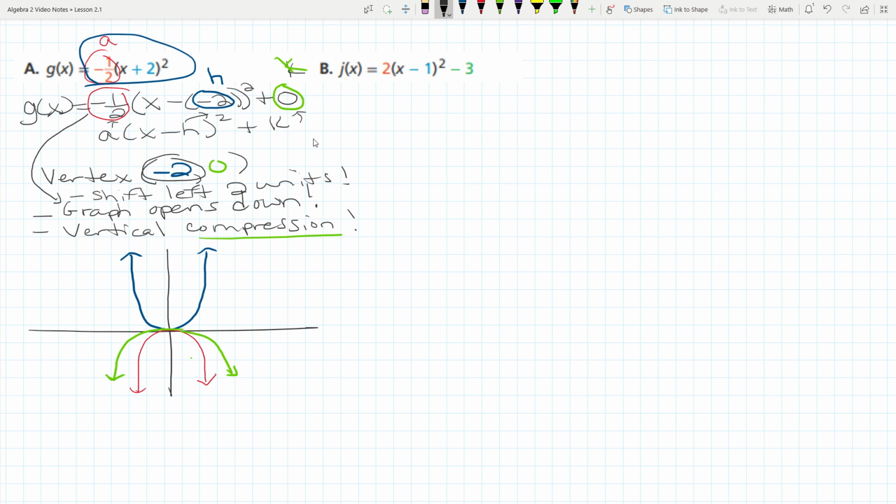So that's telling us that it's shifting left 2 for the vertex. So we need to move this guy over to the left. So take this and move it over left 2 units. So 1, 2. And then we get our final graph. Okay, so the graph given in purple is our final graph.